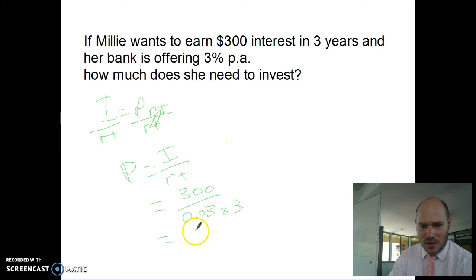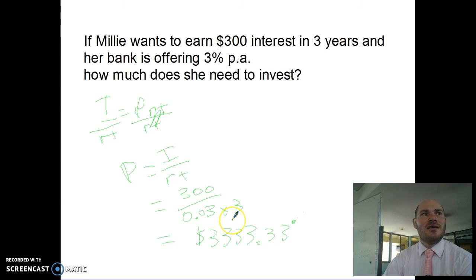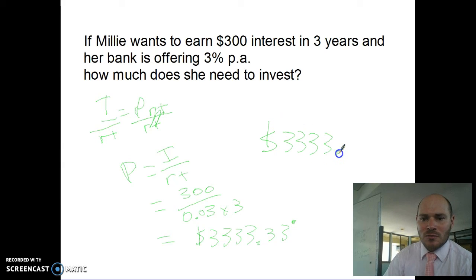And it's telling me that she needs to invest $3,333.33 recurring. So if she just puts in 33 cents, she's not quite going to make it. You might be a bit reasonable with money and make that 35 cents as your answer. You can very easily justify that.